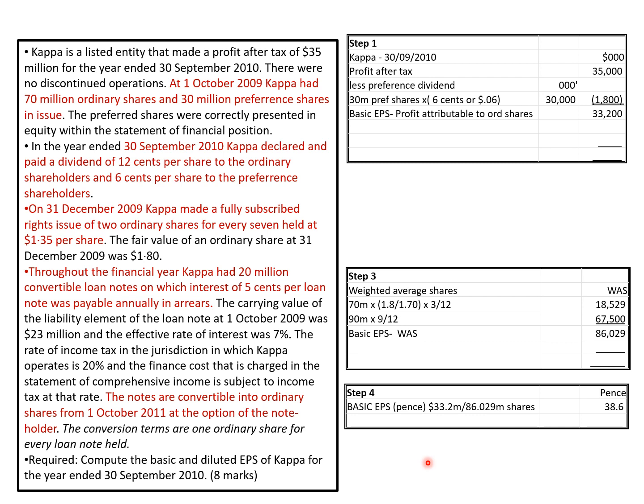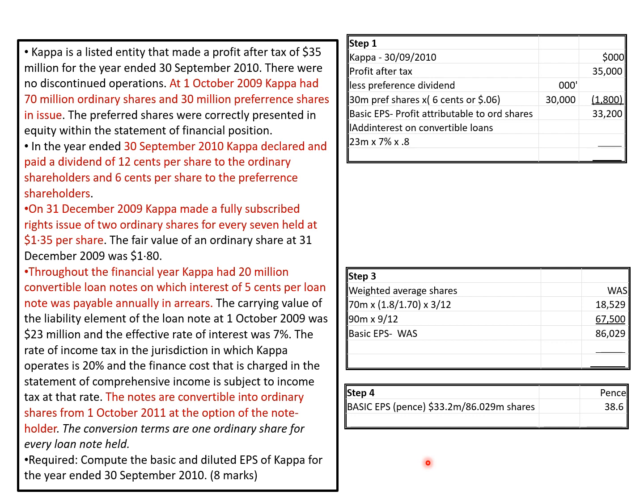As far as adding back the additional interest on the convertible loans, we have to take the carrying value of the liability, which is shown in the question as 23 million, the effective rate of 7%, and the after-tax cost.